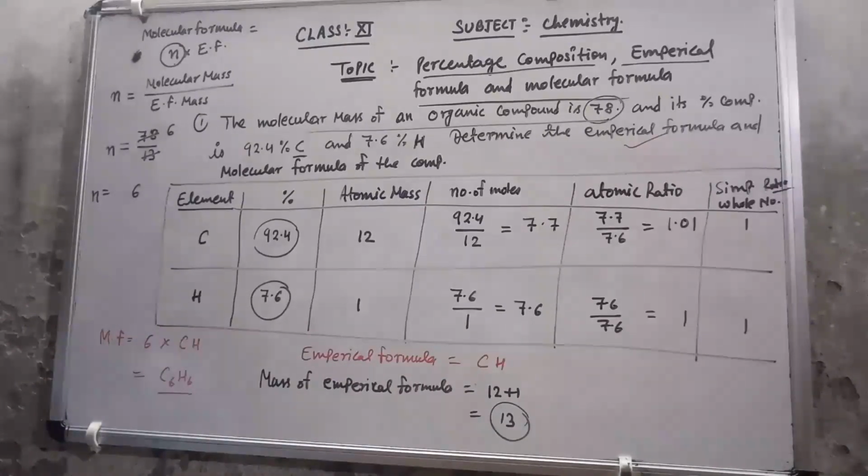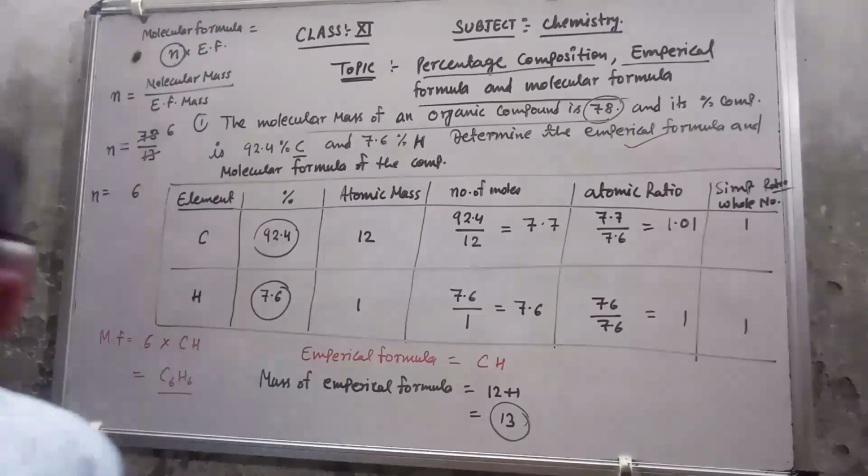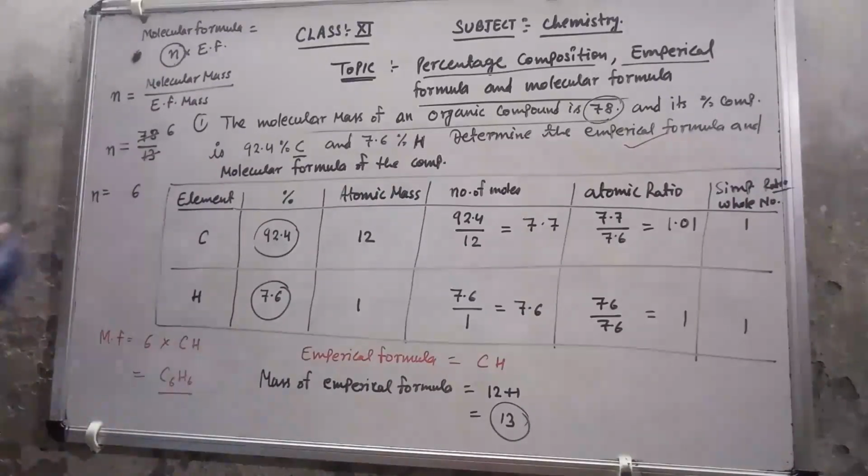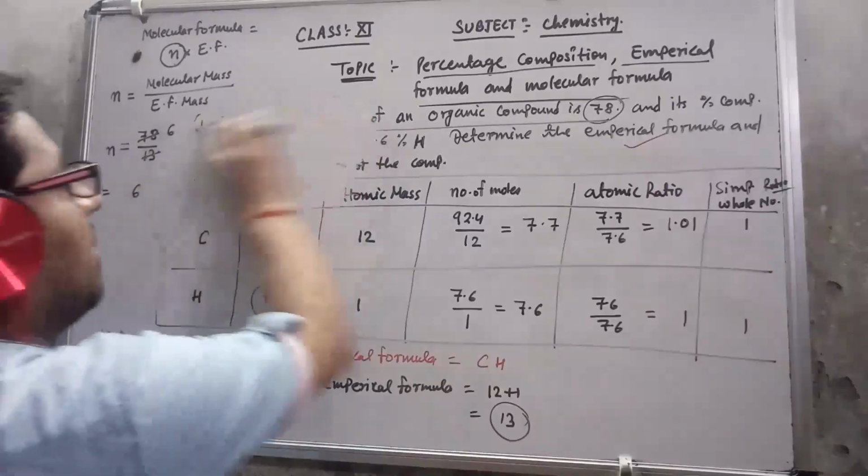One more question I am discussing with you, to solve it with more practice. By this you will easily understand the thing. So I am having a question, and the question is there.